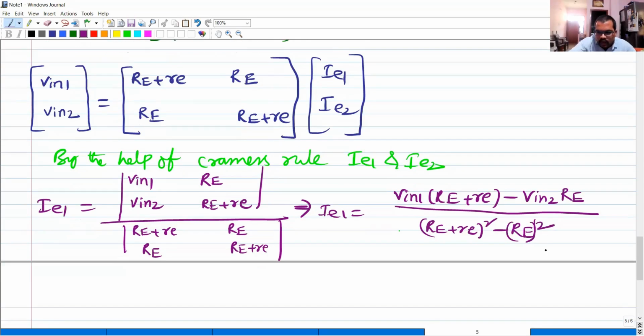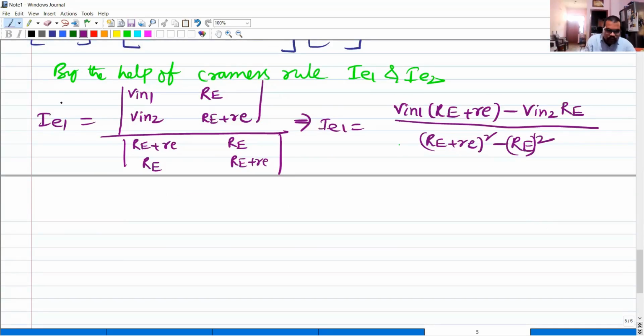Is it right? Similarly, tell me for IE2.